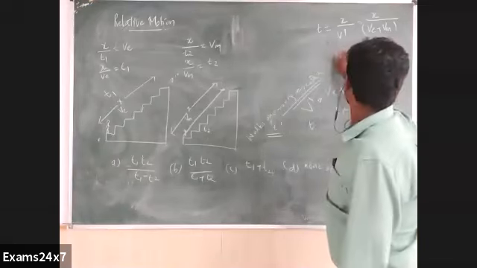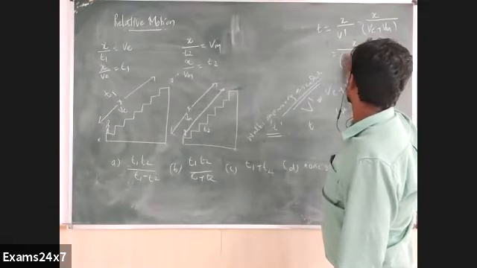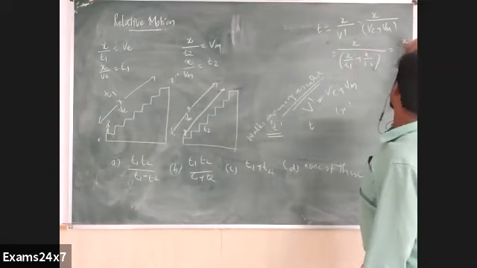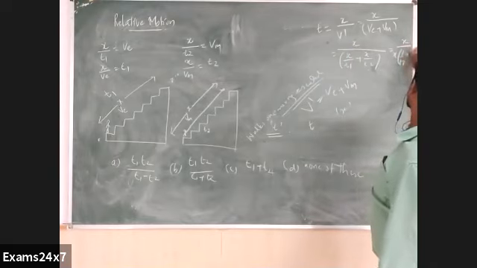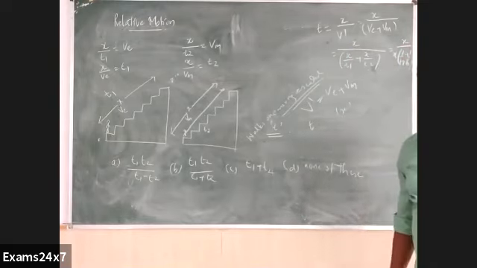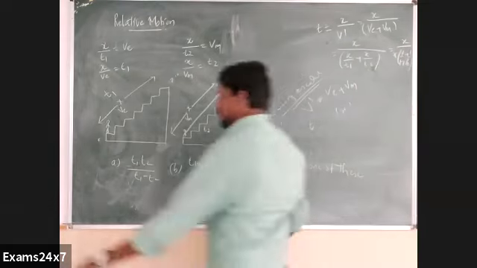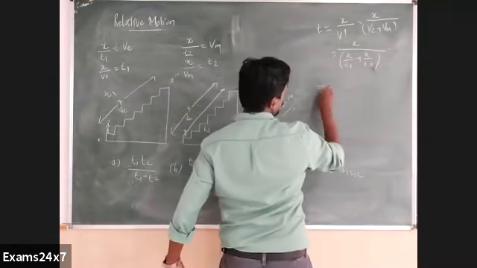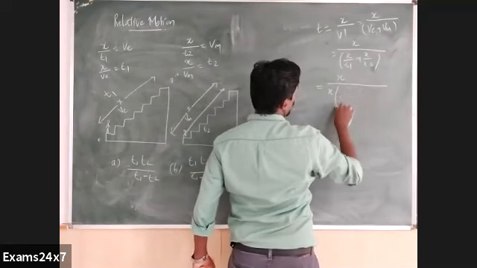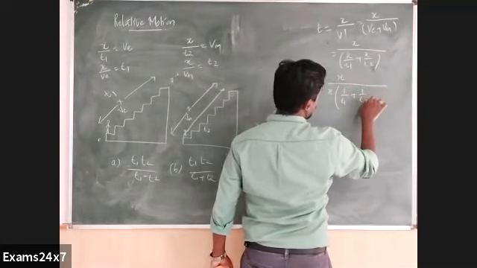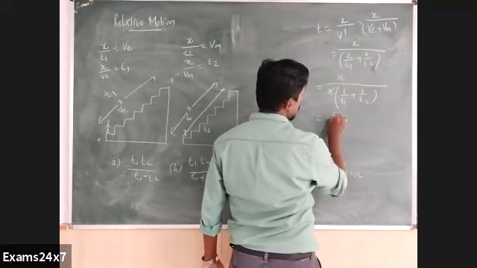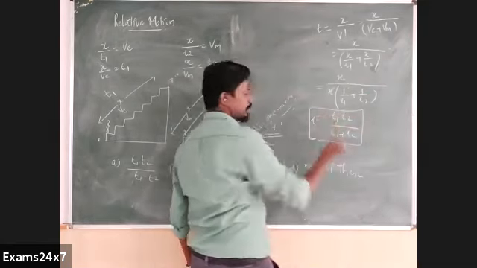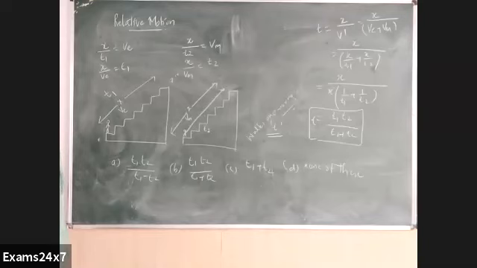I can write it as x by x by t1 plus x by t2, that is x by x into 1 by t1 plus 1 by t2. So x cancels, and we get 1 by 1 by t1 plus 1 by t2. Time taken is t1 t2 by t1 plus t2.